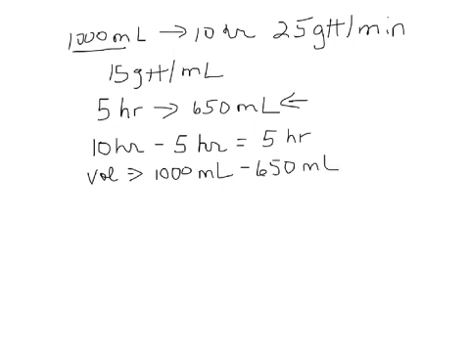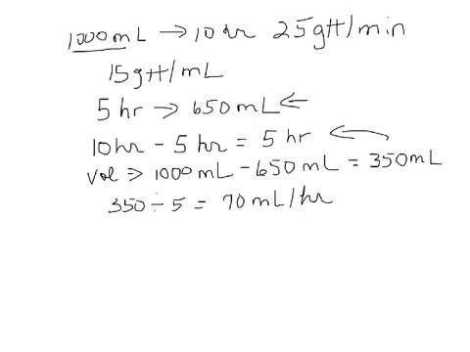And that leaves us with 350 milliliters. And so what we want that to go in over is the remaining 5 hours. So we would take our 350 divided by our 5 hours equals 70 milliliters per hour.